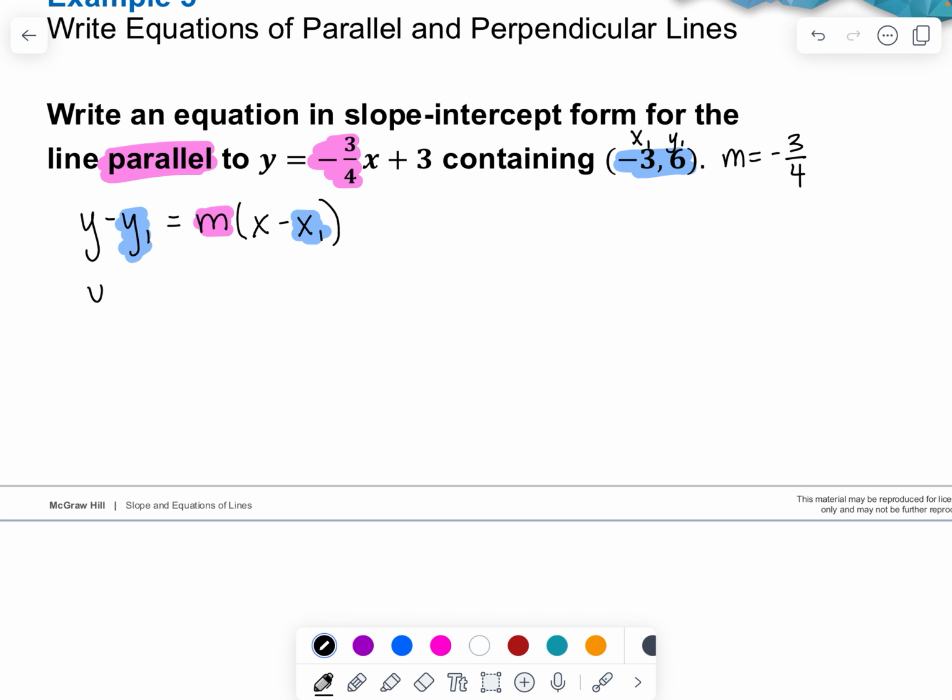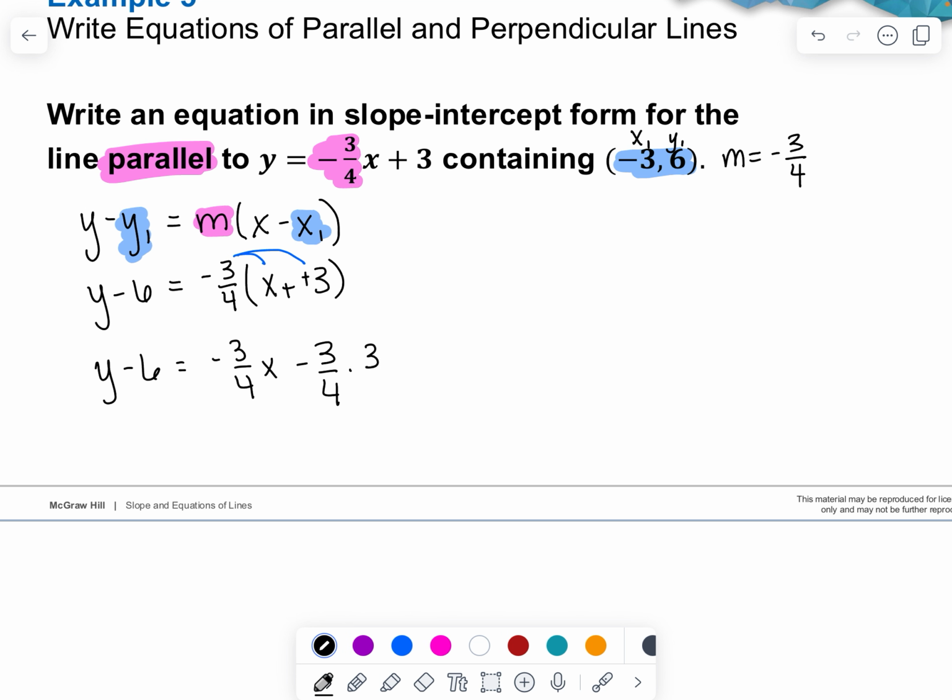So let's go plug it in. Y minus 6 equals negative 3/4 times x minus negative 3. And I right away turn that into a positive just so I don't mess myself up. All right? Then I'm going to distribute. I get y minus 6 equals negative 3/4 x. And negative 3/4 times 3.